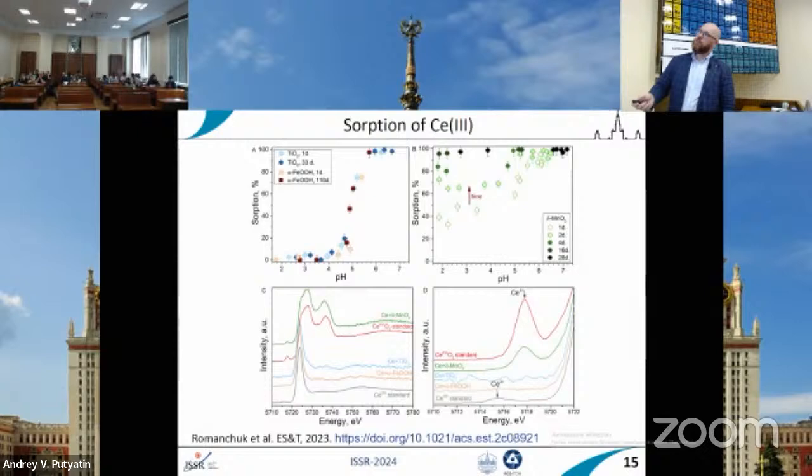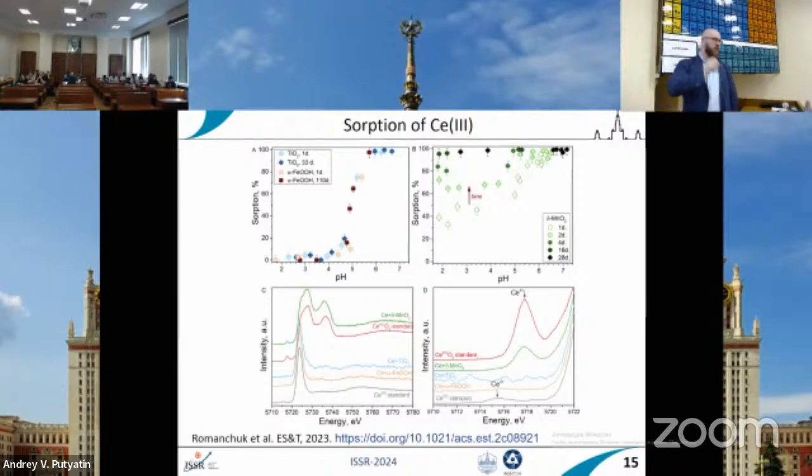And here is the overall spectrum of the cerium on different materials. And this is this pre-edge area. From this region, you can see these numbers, and it is exactly this area that is very sensitive to the oxidation state.